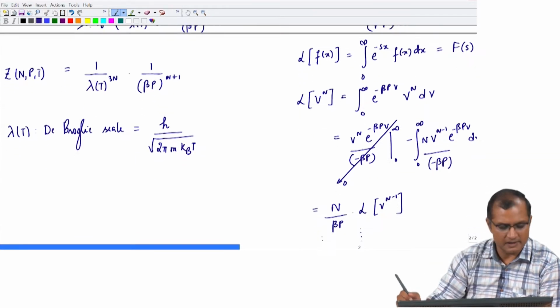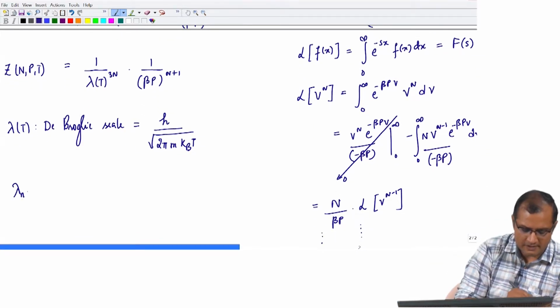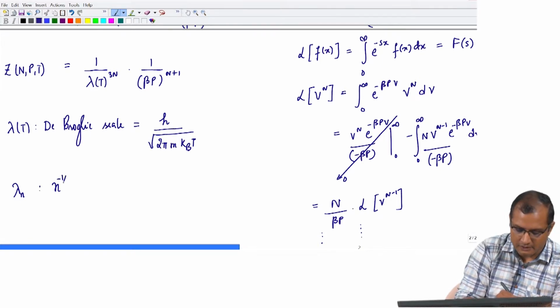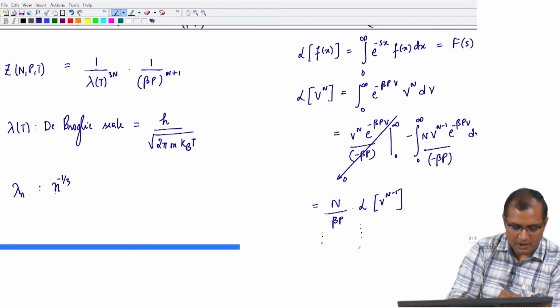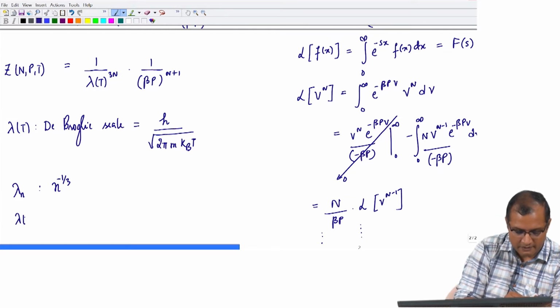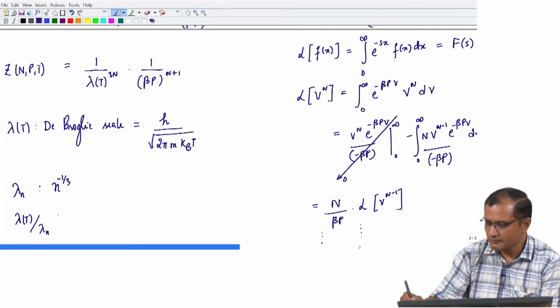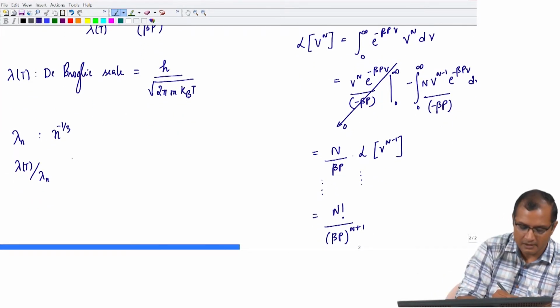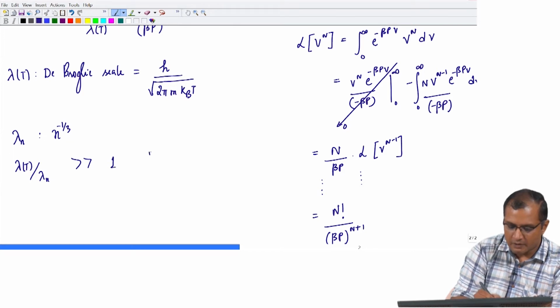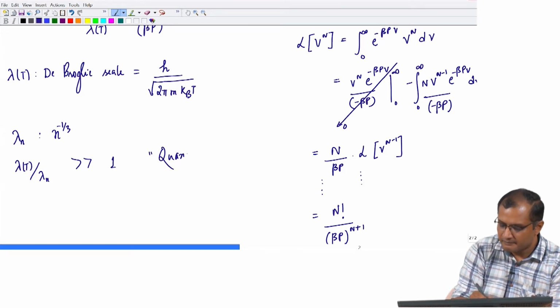So, if you have one length scale, I will call it a density dependent length scale, which is some kind of n to the power minus 1 by 3. Then when you have the de Broglie wavelength far exceeding this density dependent length scale, then you basically have quantum mechanical effects.